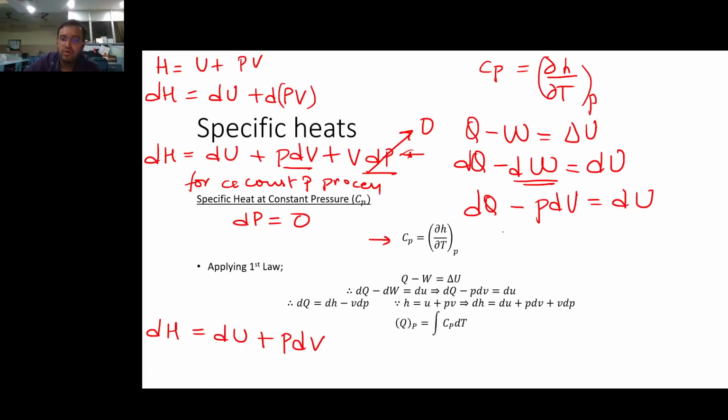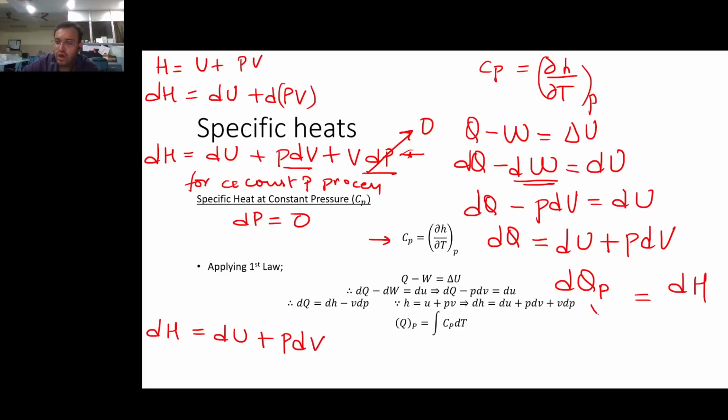Again, I'll write this equation here: dq is equal to dU plus PdV, and so dq at constant pressure is equal to dH. That is, all the heat that you added at constant pressure was used to increase the enthalpy of the system.